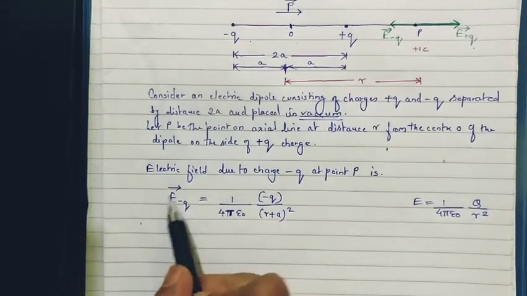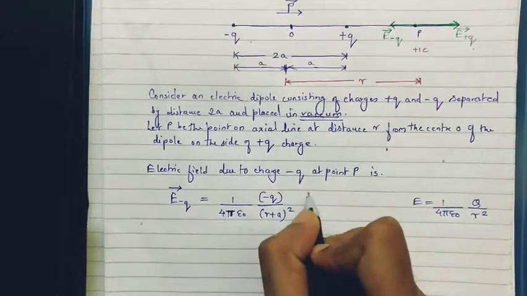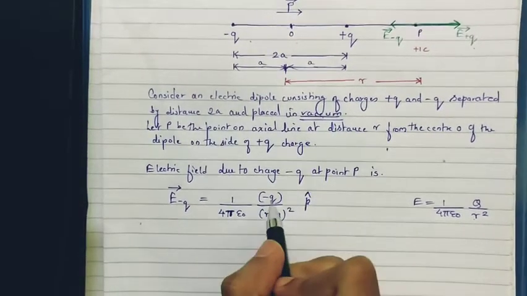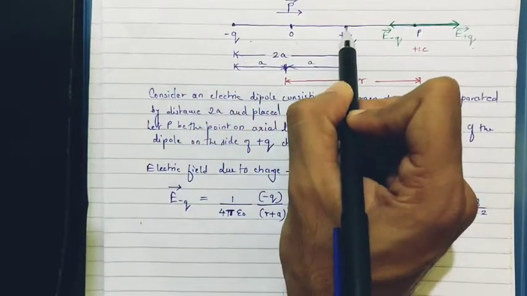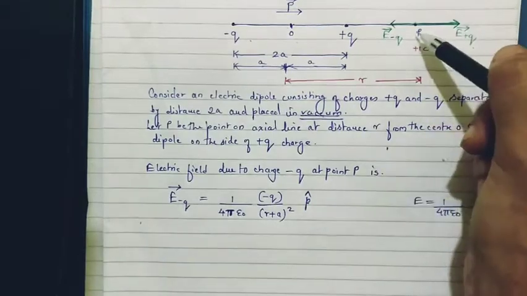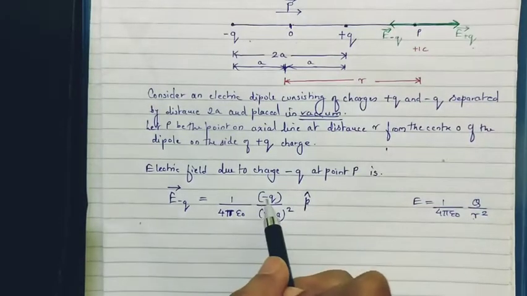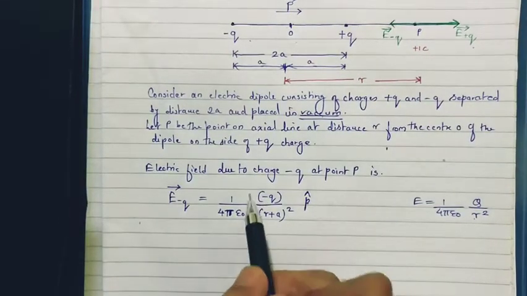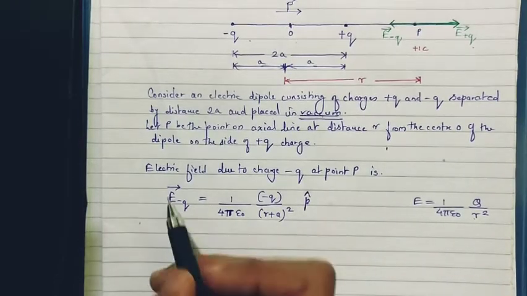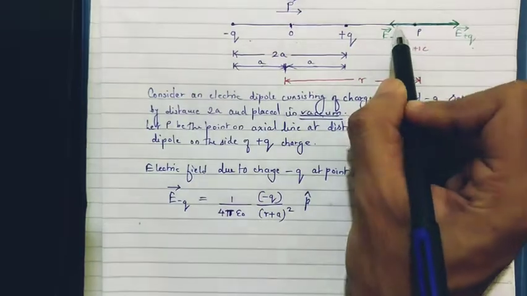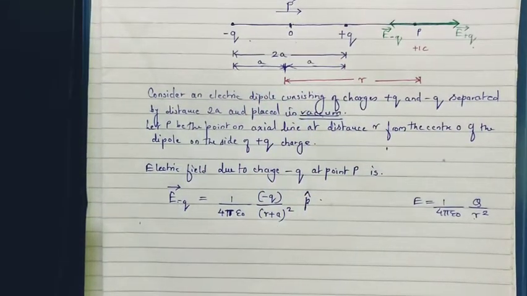Since we have a vector on this side, on the other side also we need to have a vector, so let's write it as p cap. What does this mean? Minus p cap means the p direction is from minus q to plus q, while the electric field due to minus q is directed from plus q to minus q, the opposite. Both are opposite, so we have entered this minus sign. That tells you that E and p are in opposite directions.